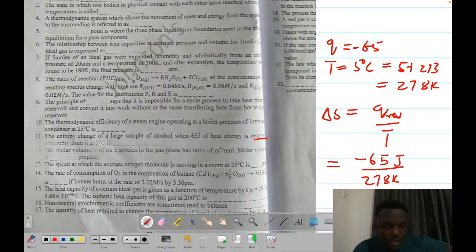So this question says the speed at which the average oxygen molecule is moving in a room at 25 degrees Celsius. Now, I'm going to take us to a page where all the formulas for the different speeds are available. We did this yesterday in class. For those persons that could not join yesterday's class, let me show us this.